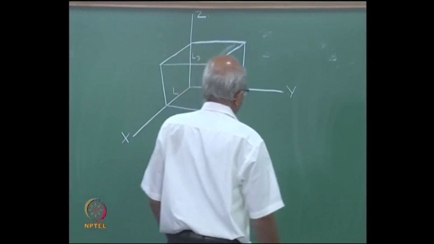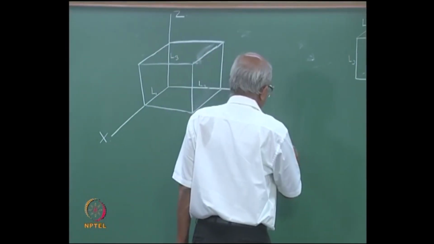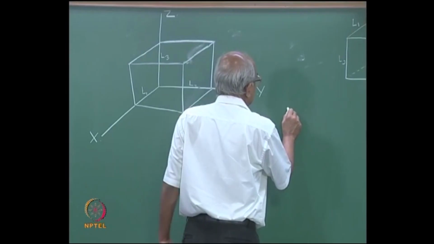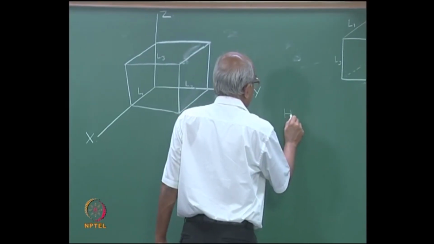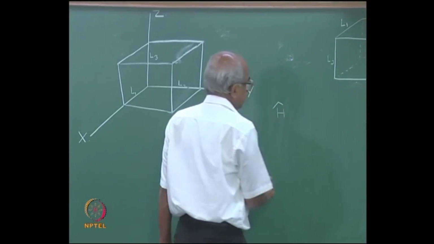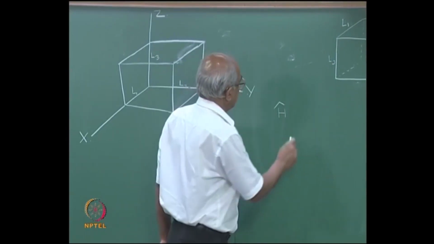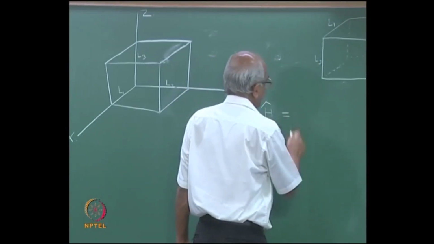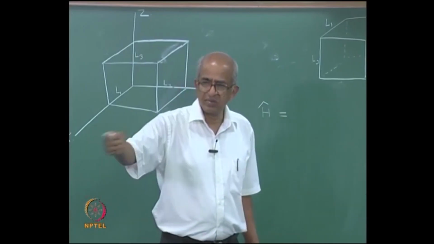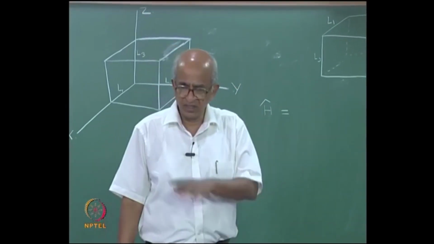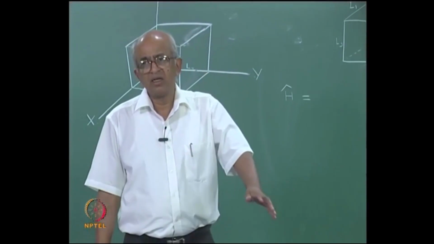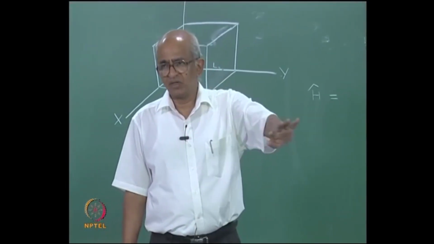And now what do I say? I say that I have a particle moving in 3 dimensions. So, naturally I am going to find out the solutions of the Schrodinger equation. So, I should write the Hamiltonian for the system, because a particular electron in this piece of metal can move anywhere inside it. It is actually moving in 3 directions.